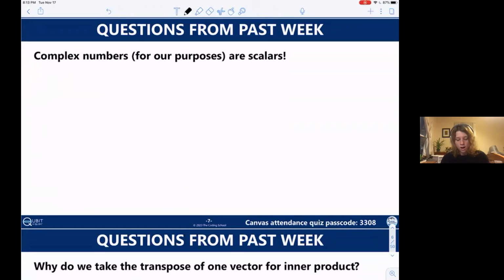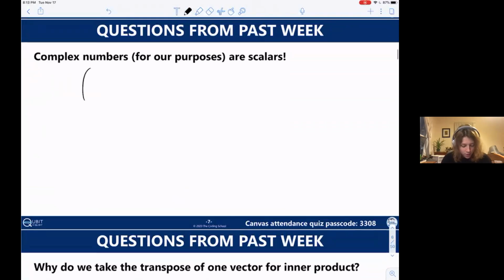But if you are ever confused about, for example, how to represent a number like this, and there's your vector, maybe this is the state that you have, you can separate it out if that would make you more comfortable with it, and just put the i outside.